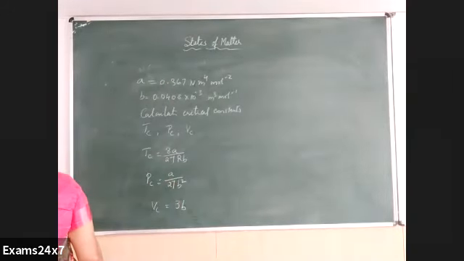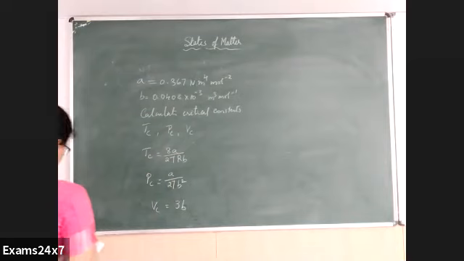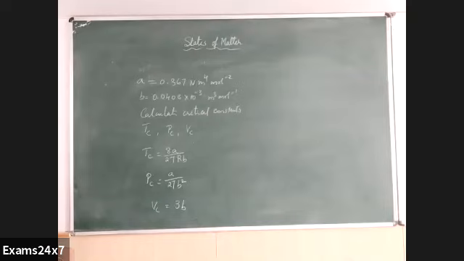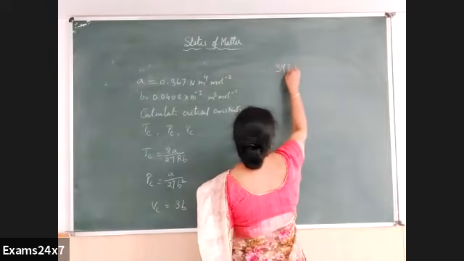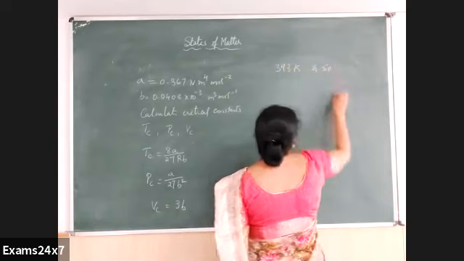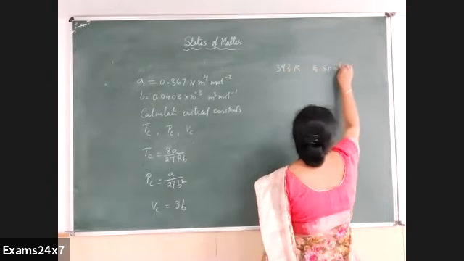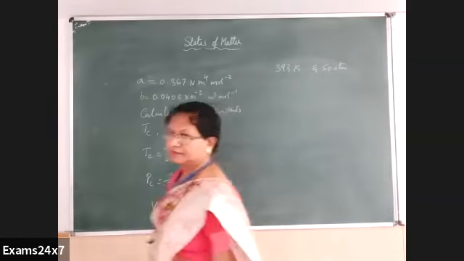Read the next question. The critical temperature and pressure of a gas at 393 Kelvin and 50 atmosphere respectively are given.